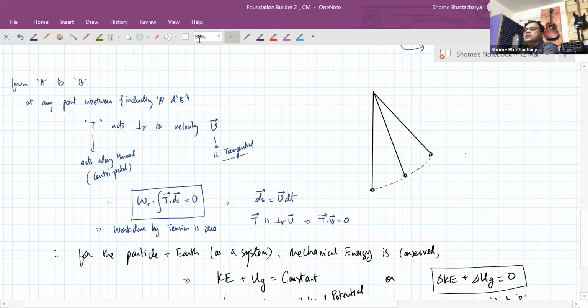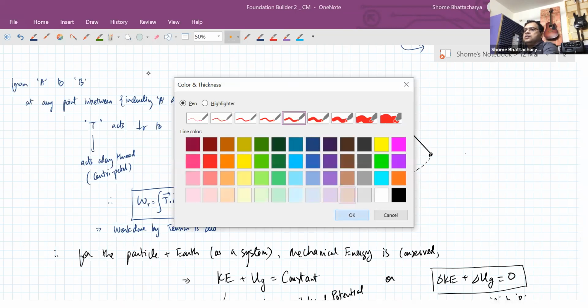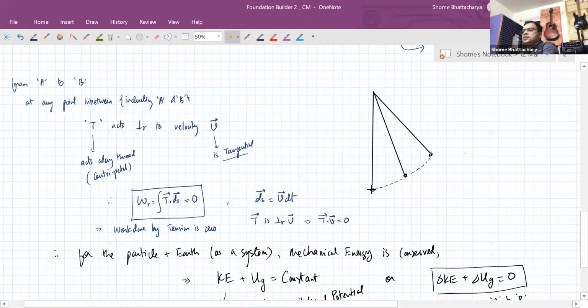Like this. So when it's here, for example, the tension is acting in this direction along the string. When it's here, the tension's direction is changed like this. The tension's direction is continuously changing from point to point. So this was the tension at this point of time. This is the tension here.